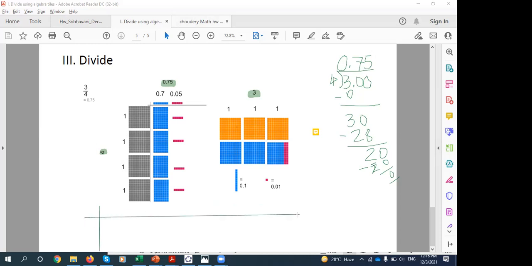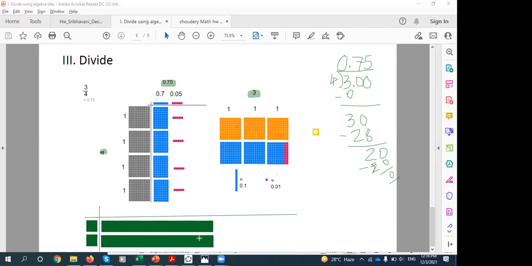If we go with the quotient, then here are the ones. You're dividing by 2, so these are the ones. Now, because you have 21, here come the 2 tens. And then the quotient will also be a 10.